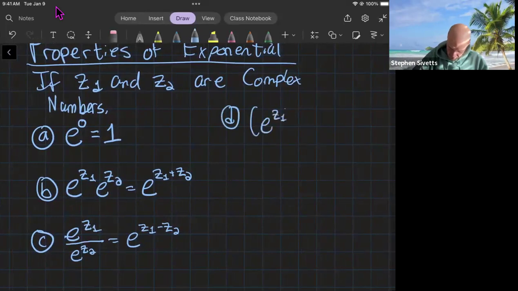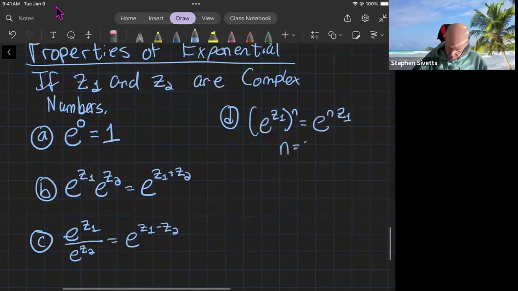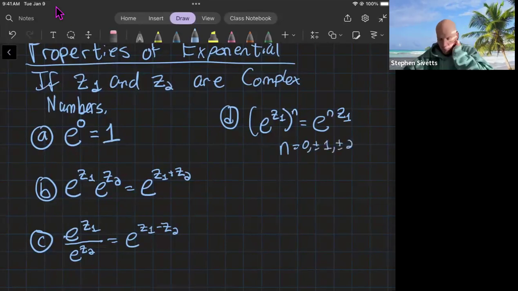These are pretty straightforward to prove. It just takes a lot of algebra to work with. The fourth property is, if we have e to the z1 raised to the n, that equals e to the n times z1. Since we have cosine and sine as part of the definition of the exponential function, it has to do with the periodicity of those functions, which is why n is any integer.